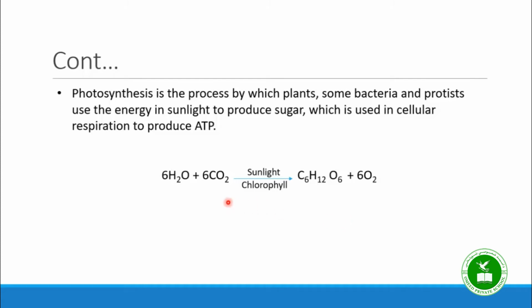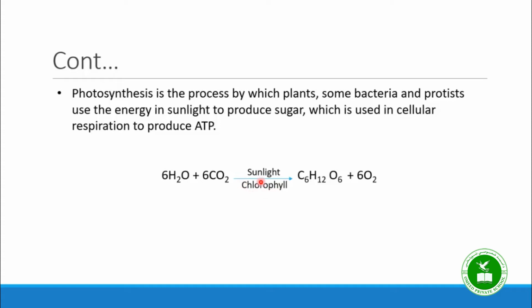This is the formula of photosynthesis. Plants use water, carbon dioxide and sunlight energy, and this process is performed in the chloroplast, which is present in the leaves. In the chloroplast we have a pigment called chlorophyll.